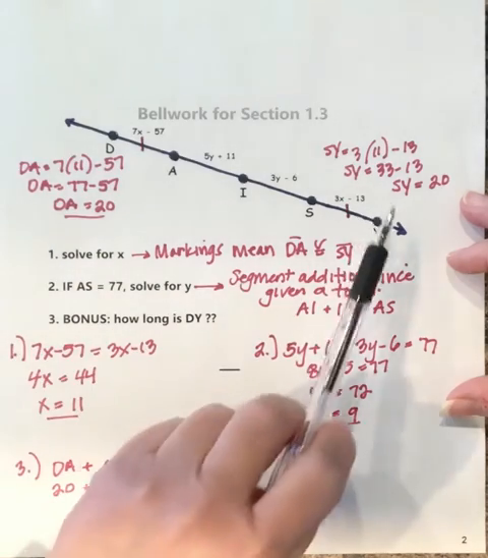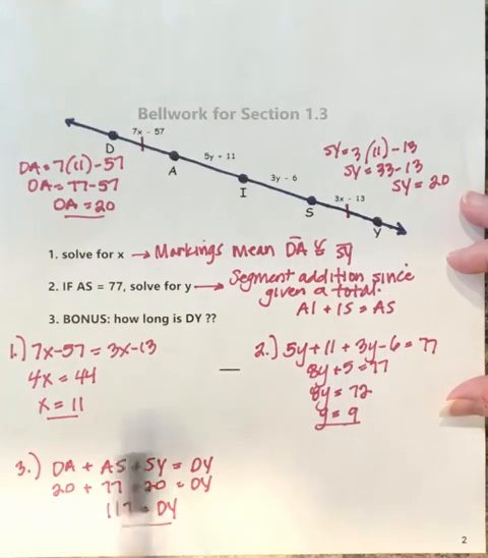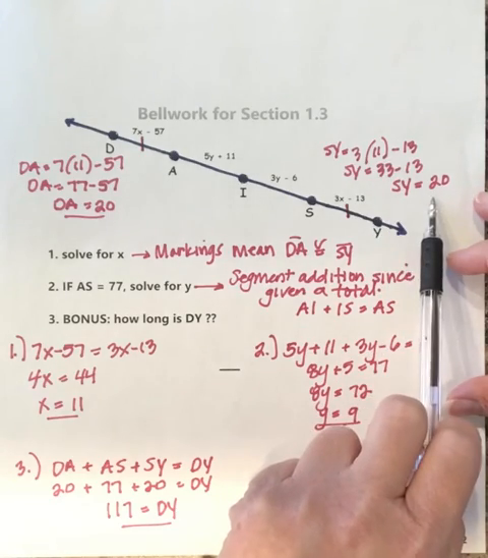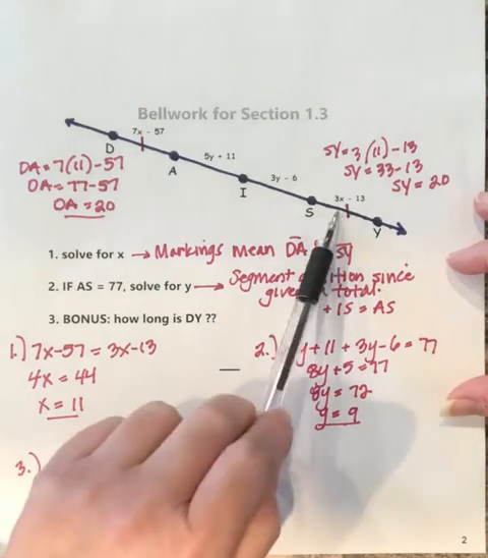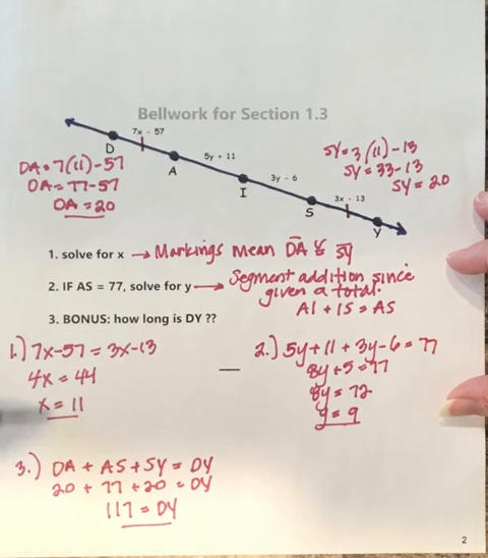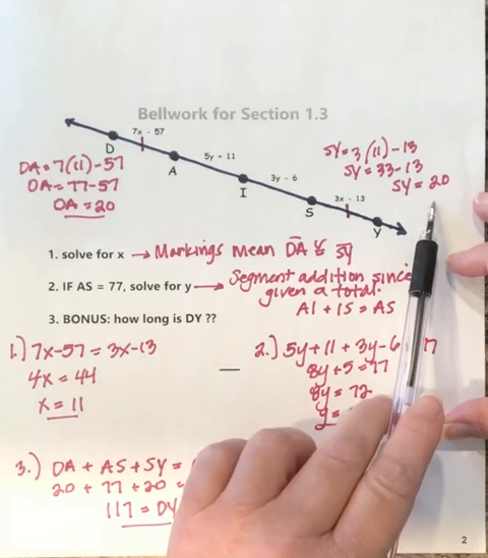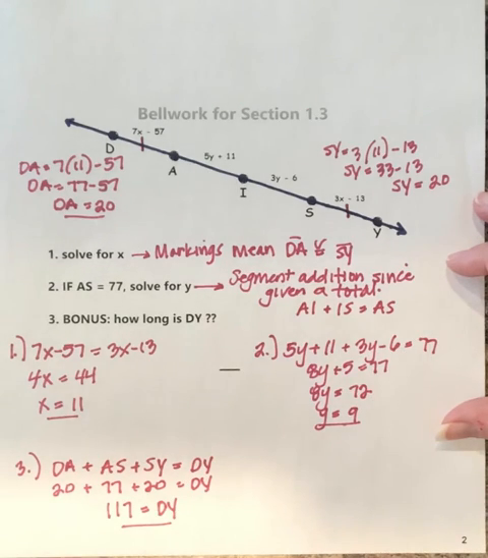I did the same thing over here with SY. Took my x value, substituted in, worked through it, and also got 20, which I should have since they were congruent. So when I came down here to substitute in, I just substituted in 20 plus the 77 I was given up here, plus the 20 I figured out there, and added them all together and got DY to be 117.